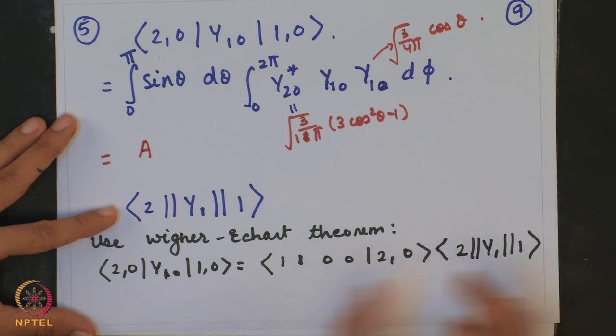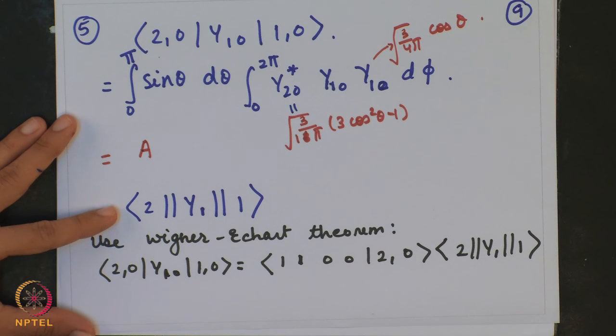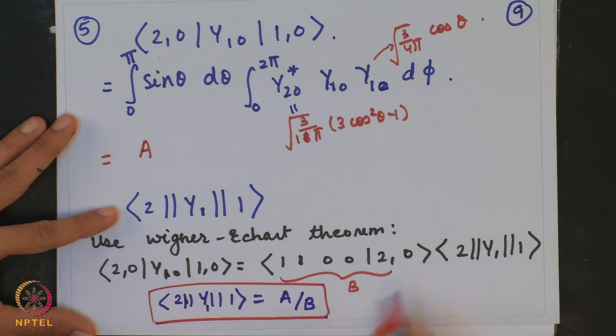So, this term, this you know is A. You calculate the CG coefficient of this. Now, just by looking at the terms you should be able to evaluate the CG coefficient. So, let me call this value as B. So, in the final expression you will have <2||y||1>, this is A upon B. So, this you will DIY and check.